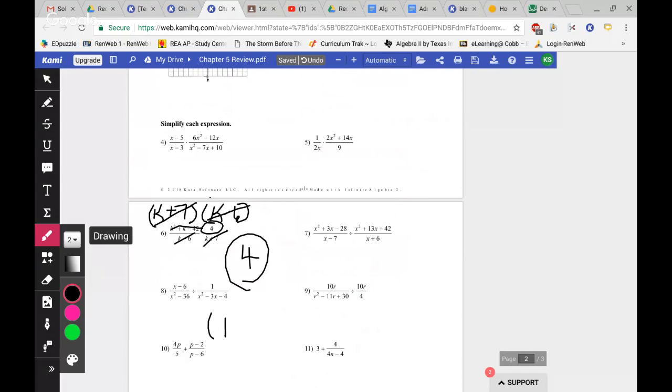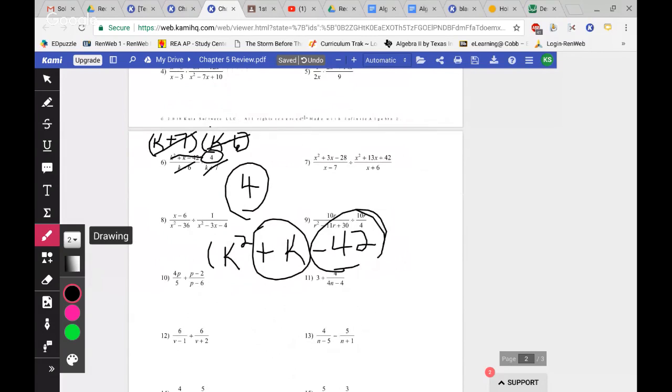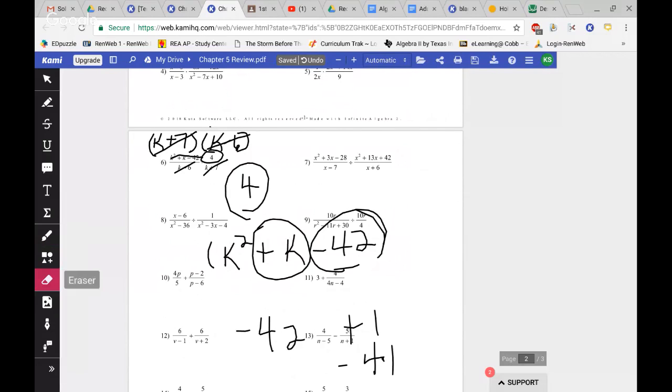But when factoring, the key thing to remember is you're looking for 2 factors that multiply to be this, but when they're combined by adding them together would give you a 1k. So if I used a negative 42 and a positive 1, I would be ending with a negative 41. Yeah. Thank you.